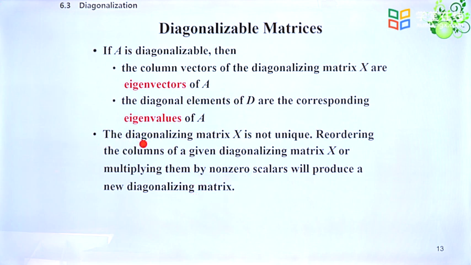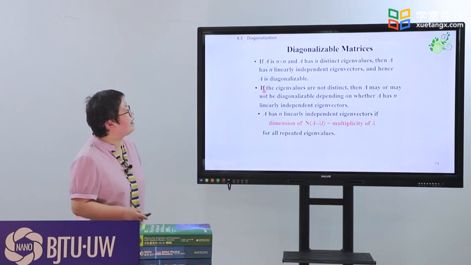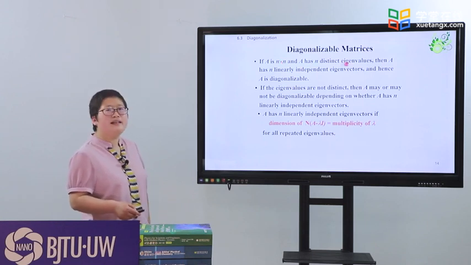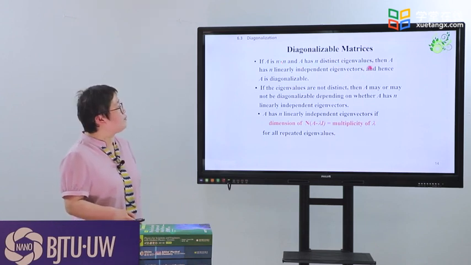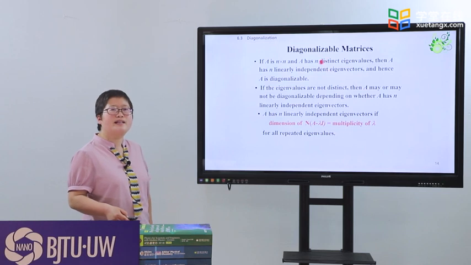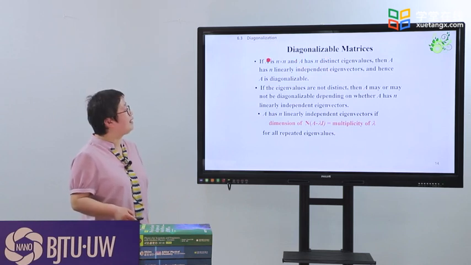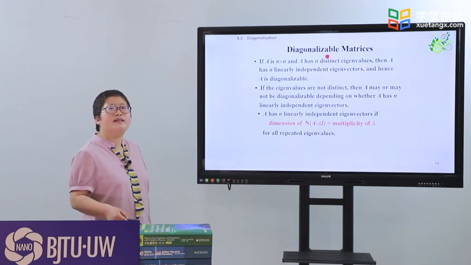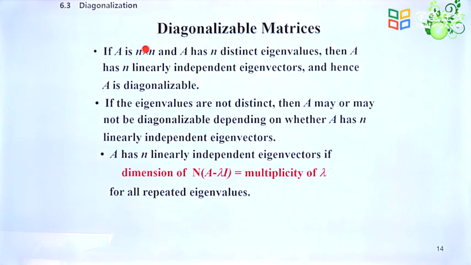Okay, if A is n by n and A has n distinct eigenvalues, then A has n linearly independent eigenvectors, and hence A is diagonalizable. So this is one simple case. If you find A has n distinct eigenvalues, because distinct eigenvalues correspond to linearly independent eigenvectors, A is diagonalizable.